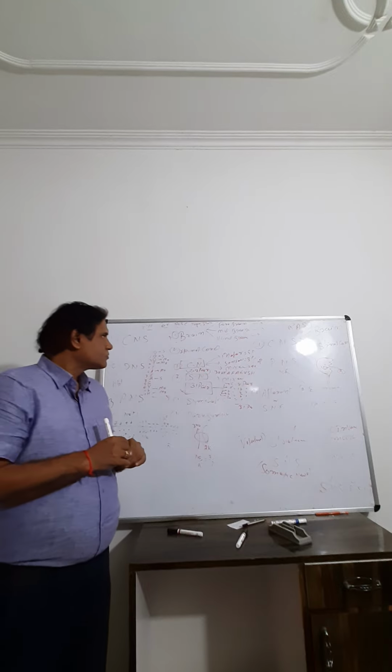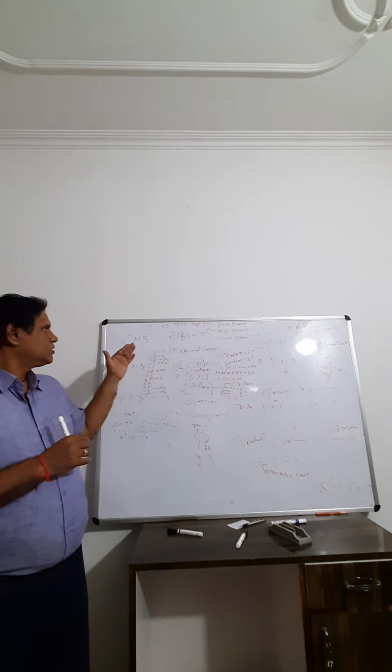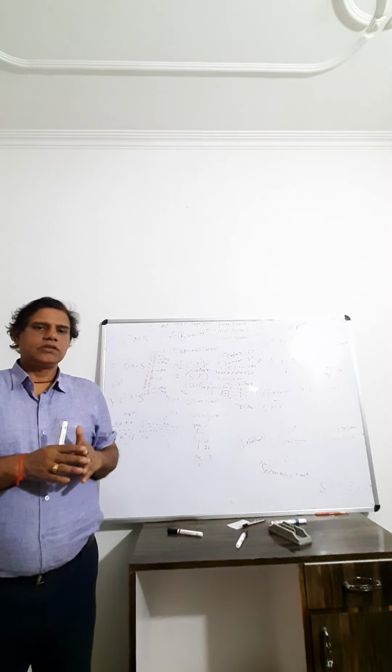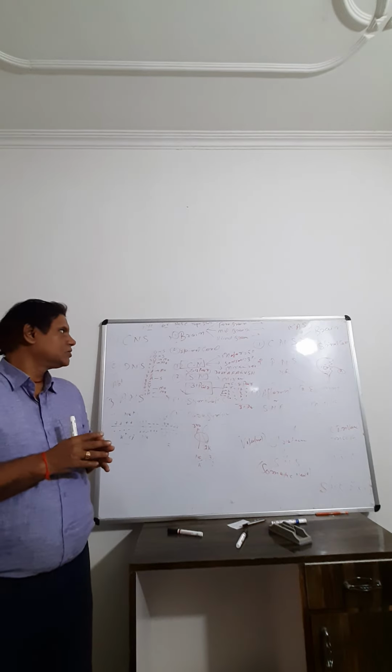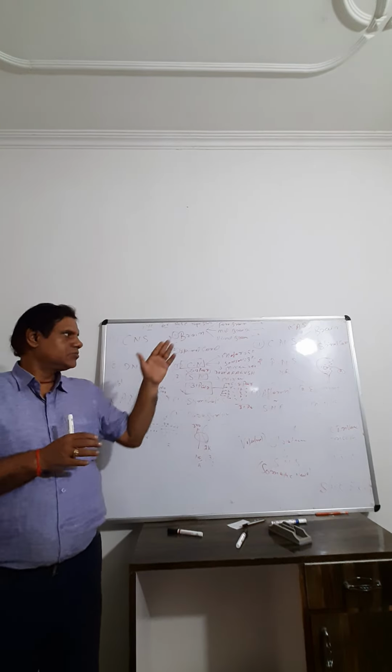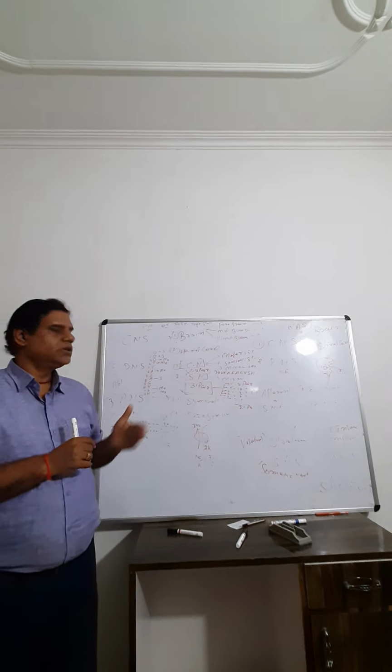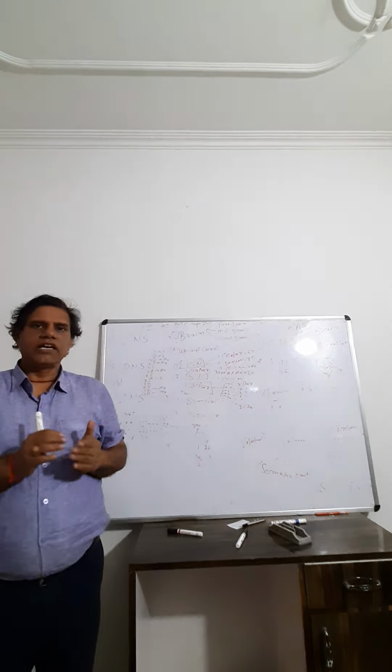The next part is the nervous system, which includes the central nervous system, peripheral nervous system, and autonomic nervous system. The central nervous system includes the brain and spinal cord, and the brain has mainly 3 parts: forebrain, midbrain, and hindbrain.